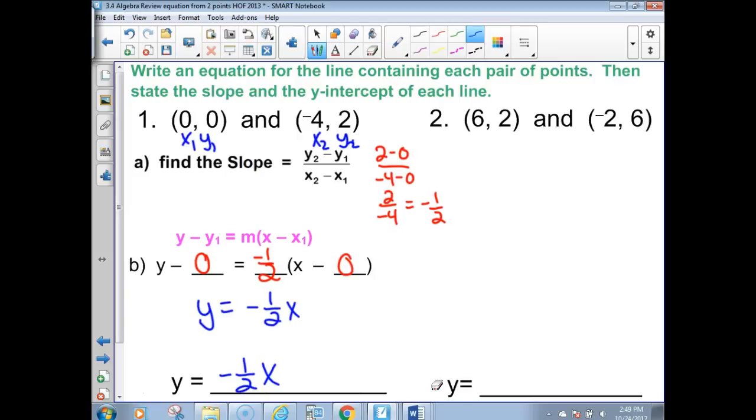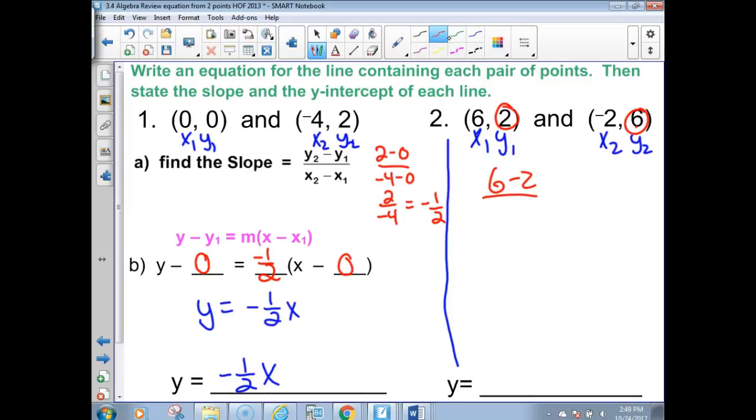Second one, we're going to find the slope of the line first. This is our x1, y1. This is our x2, y2. First step, subtract the y's. 6 minus 2. Second, subtract the x's. Negative 2 minus 6.